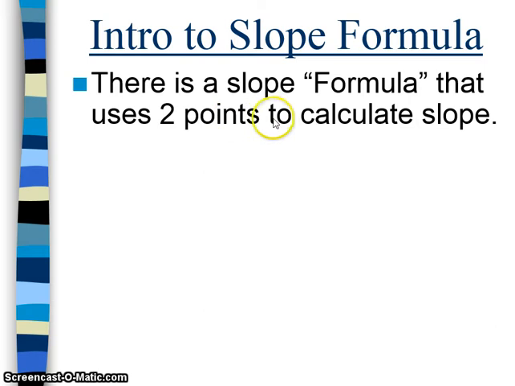Now we start with this point because if you think about your method for solving slope in the past, which was in the last lesson, you needed to have a table which had lots of values, or you needed to have a graph that you could use rise over run in order to calculate slope. But now what we're saying is we need less information and we can still come up with a slope, because to use a slope formula all you have to know is 2 ordered pairs in order to calculate slope.